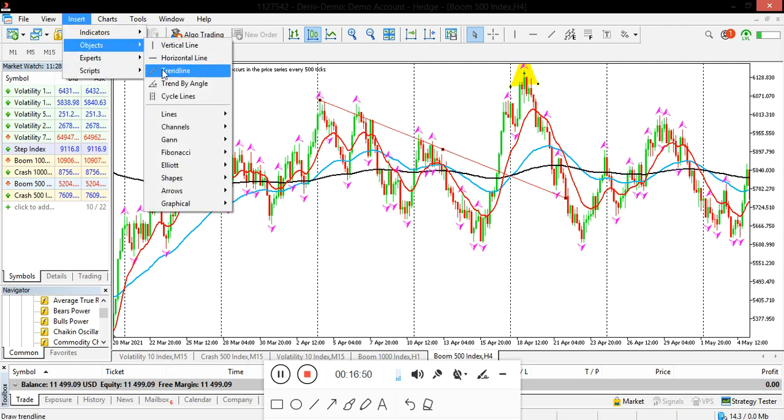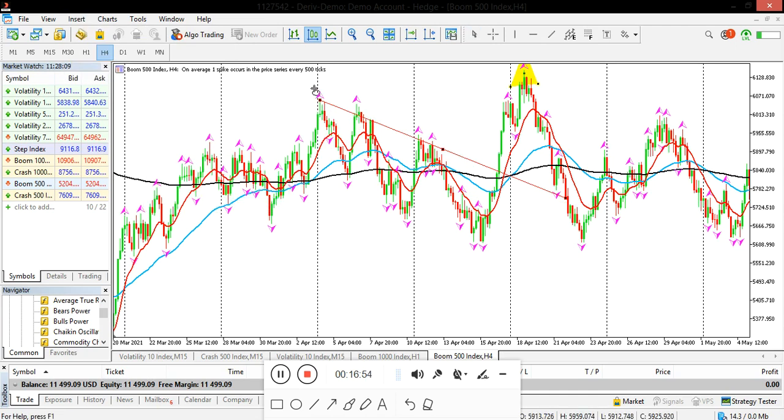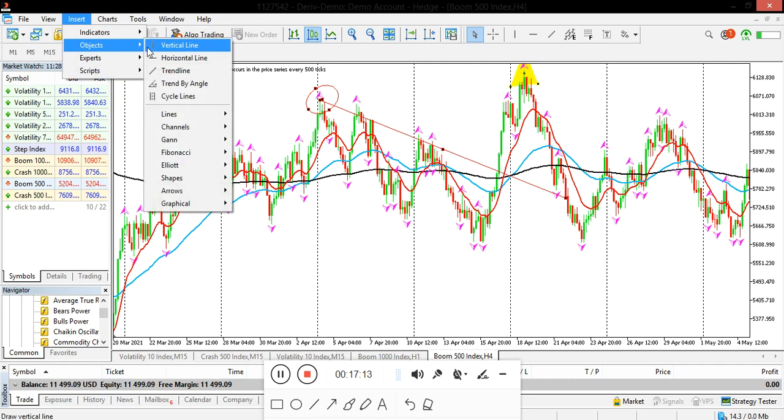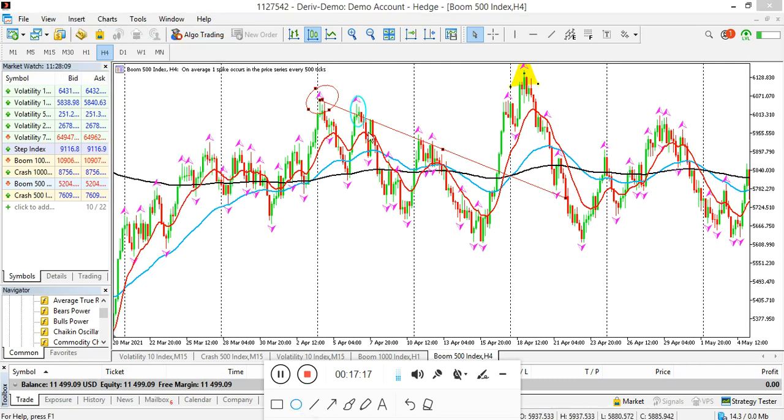This is what I'm connecting. See what I'm connecting here. I'll clean it later. I'm connecting this.